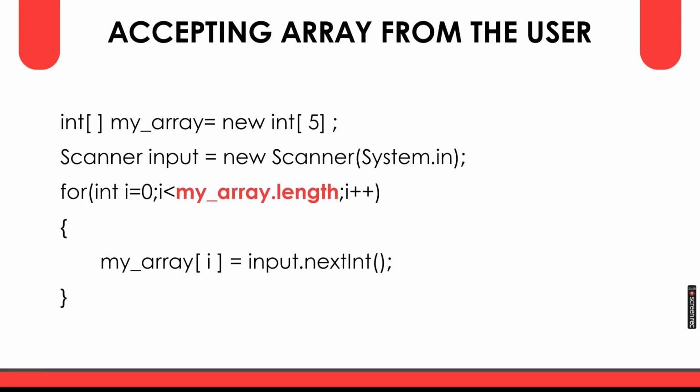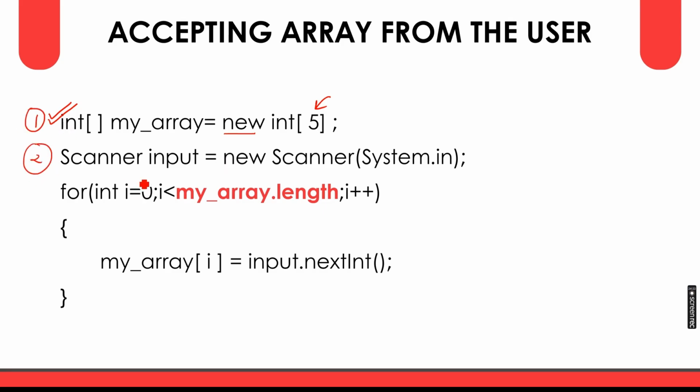For that, first we will declare our array and initialize it with the size you want. So int square brackets, name of the array. Using the new keyword, you tell the compiler that it will have 5 elements or any number of elements you want. This is the first step.